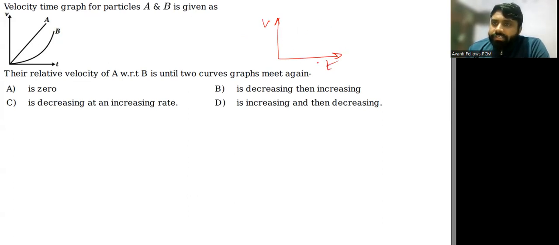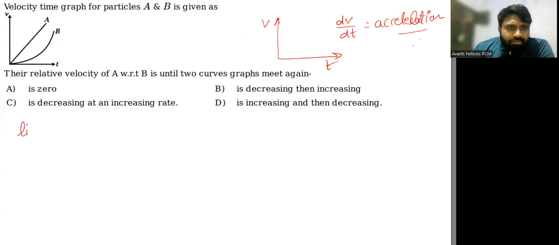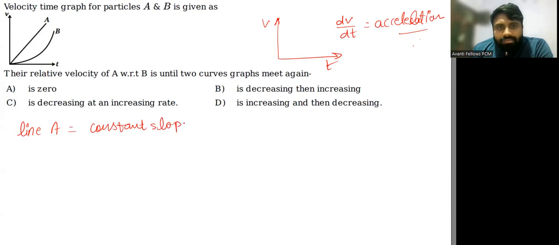The slope of the VT curve, dV by dt, gives you acceleration. If you find the slope of these lines, line A has a constant slope, and constant slope means constant acceleration.